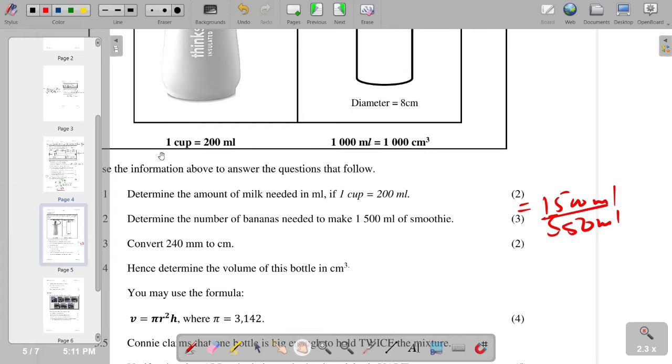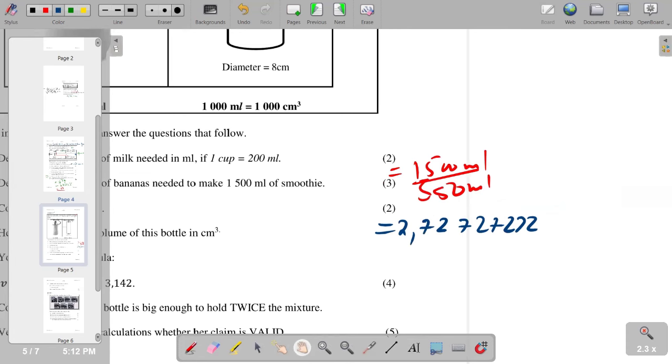The answer that we are supposed to get there is going to be 2.7272 as we go forward. So these are bananas. So with that now, we go to the nearest whole number, whereby it becomes 3 bananas.